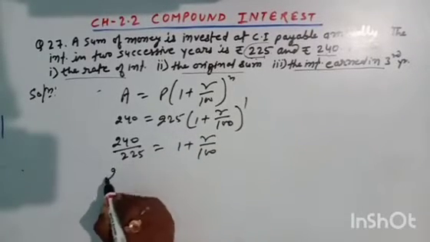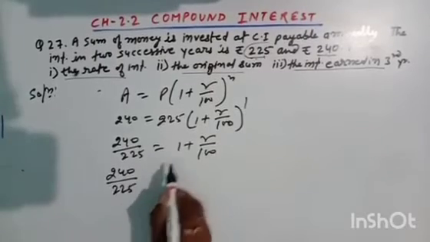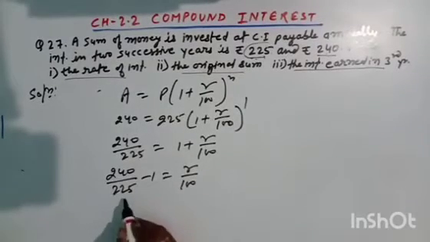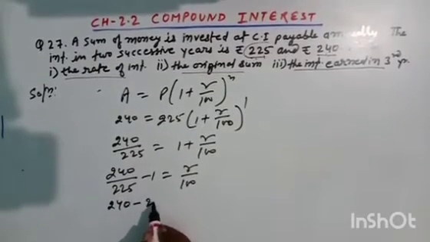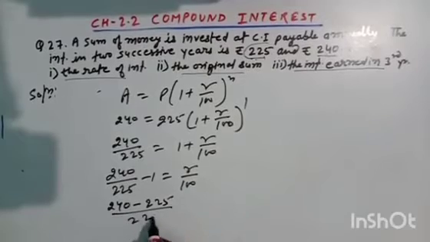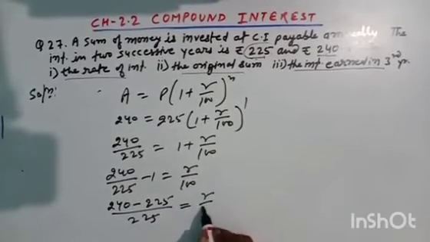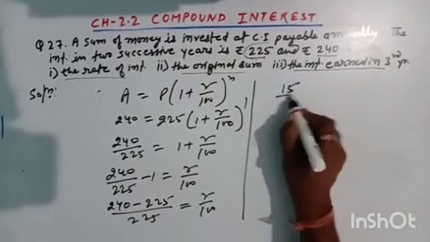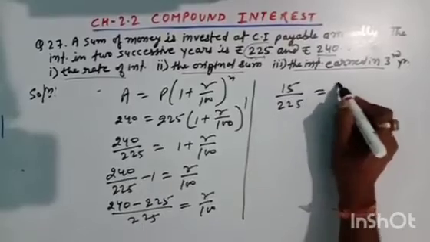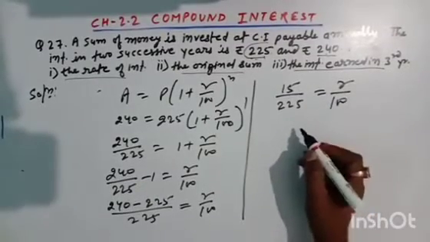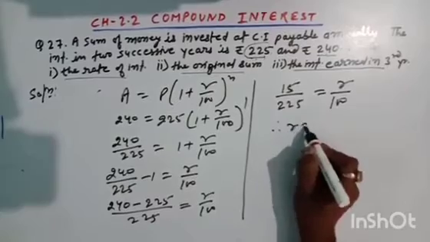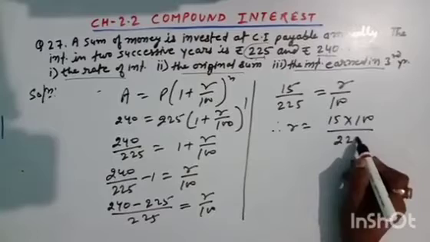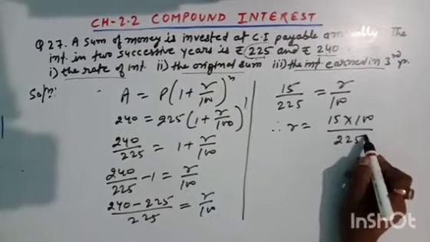Bring the 1 to this side: 240 by 225 minus 1 equals R by 100. Now 240 minus 225 by 225 equals R by 100. Subtracting, we get 15 by 225 equals R by 100. Therefore R equals 15 into 100 divided by 225.